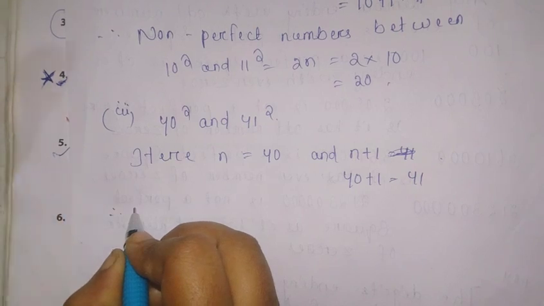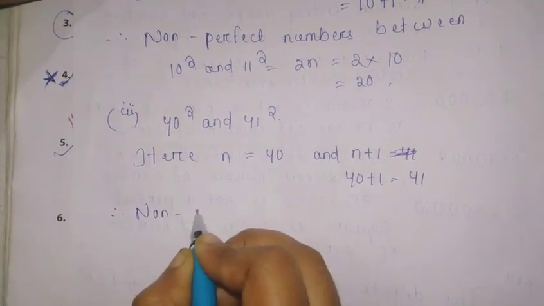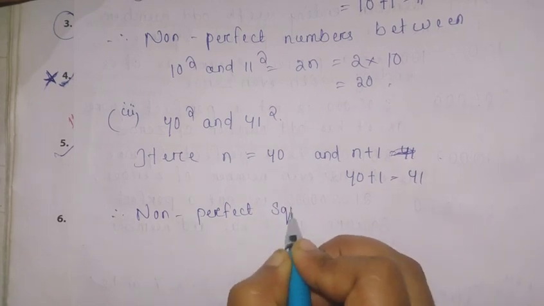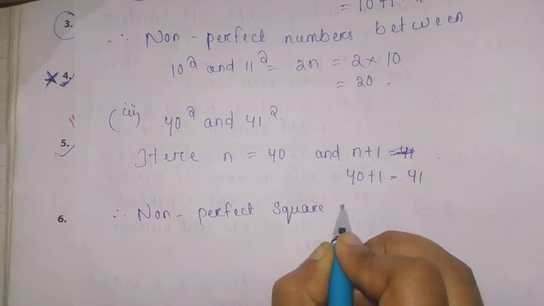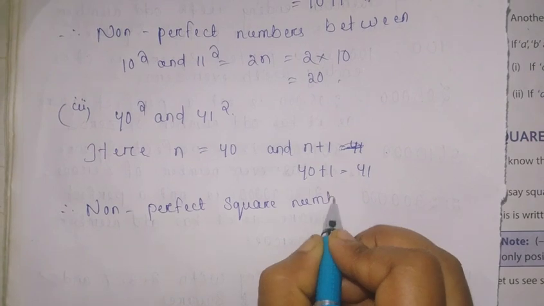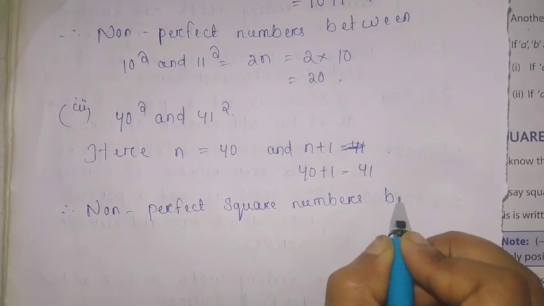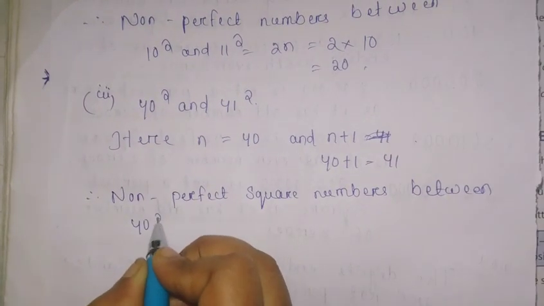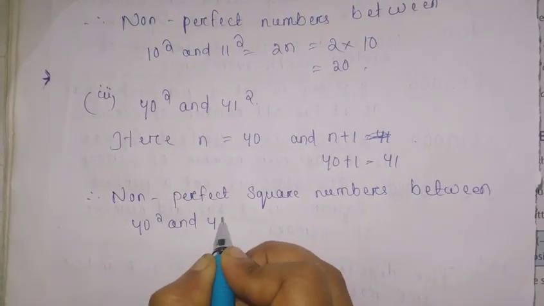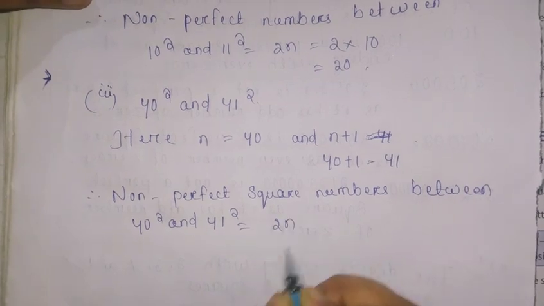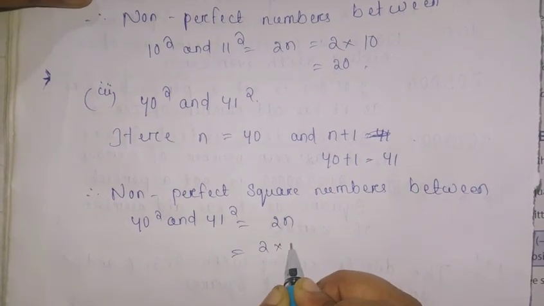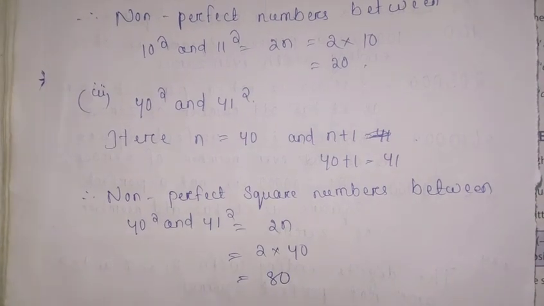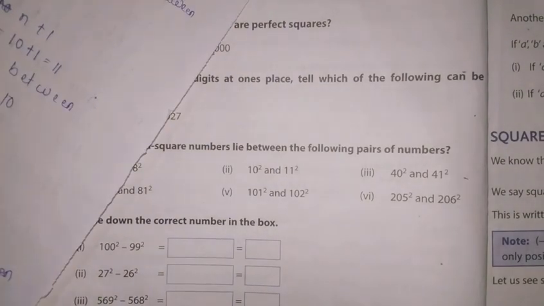So non-perfect square numbers between 40 square and 41 square equal 2n. Then 2 into 40 is 80.